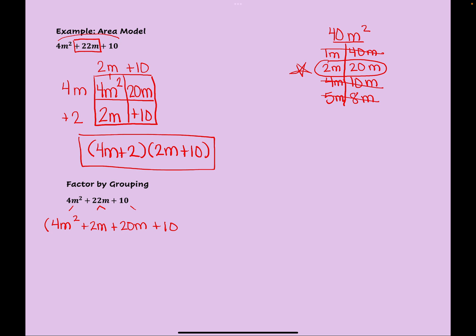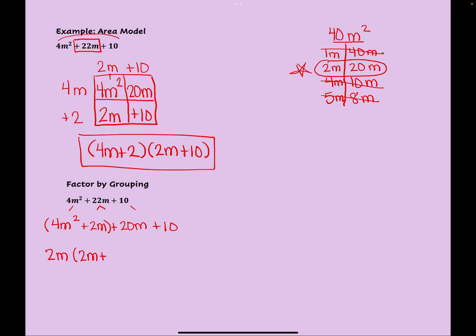Group the first two together and find their GCF. Their GCF is going to be 2m, and then I'm left with 2m plus, hold on, what did I do here? 4m squared plus 2m plus 20m.